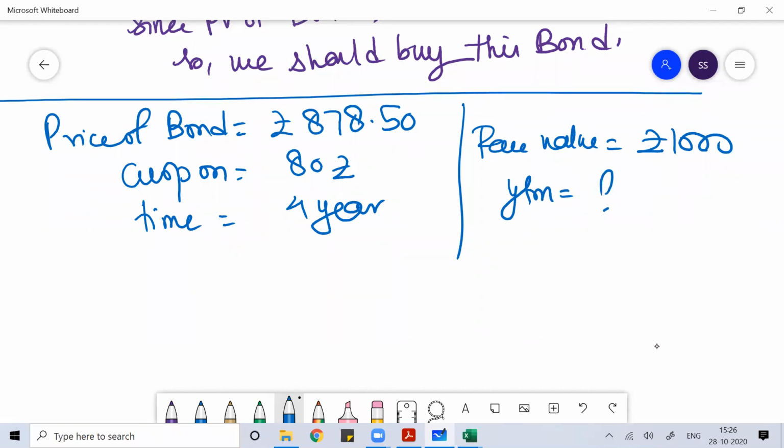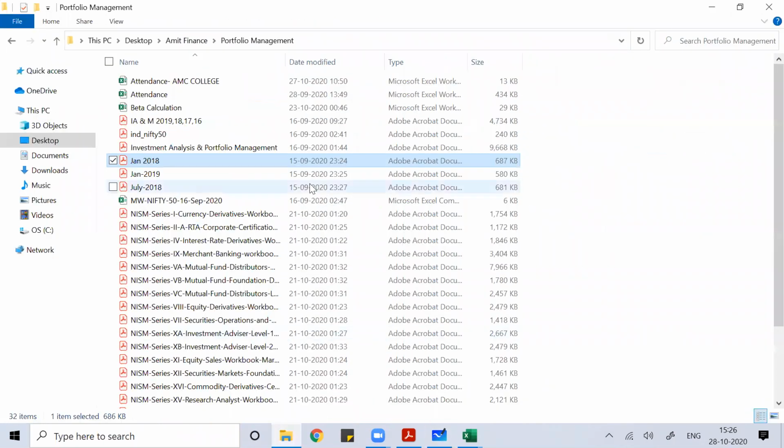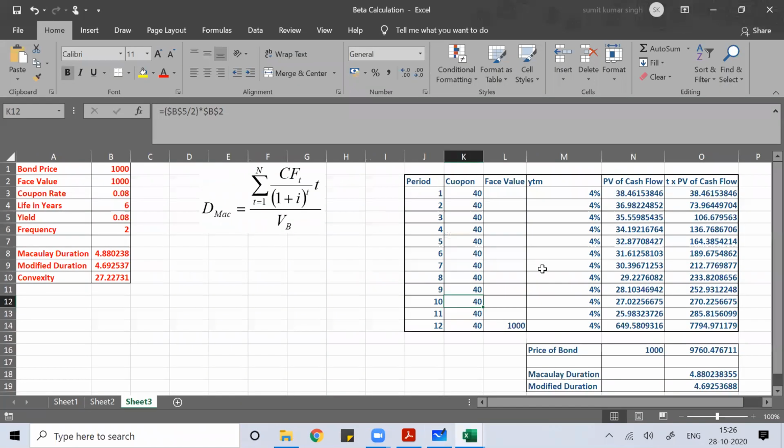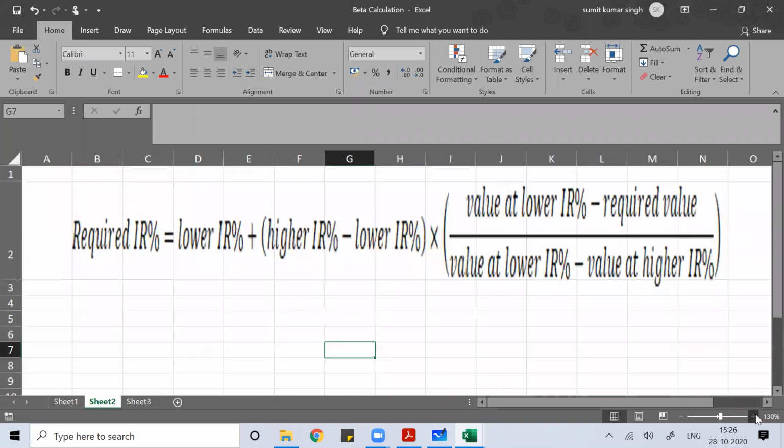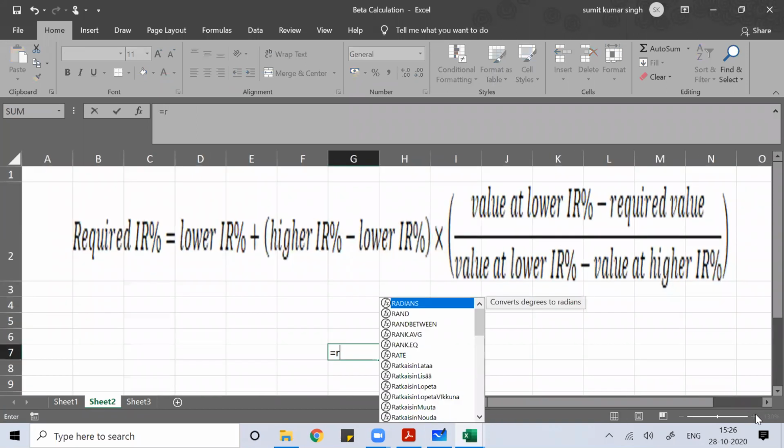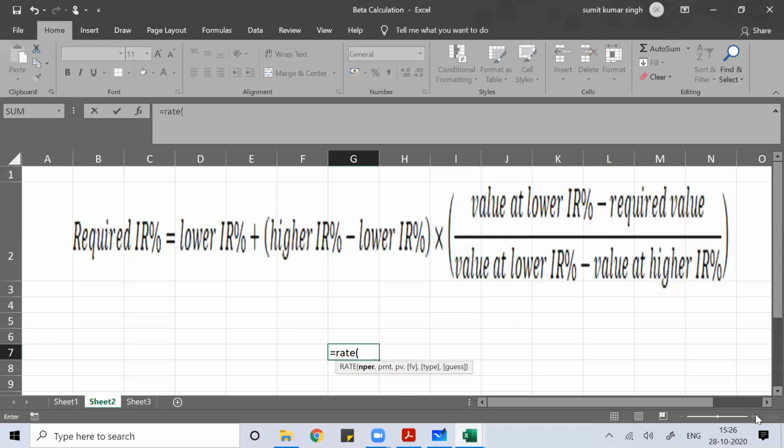You know that there's no formula as such, or no direct method to find the YTM. The only way to find the YTM is to use the trial and error method. I already told you this part. In Excel, we can calculate the YTM very easily. We can use a formula called RATE. NPER is 4 years. PMT is 80, the coupon.